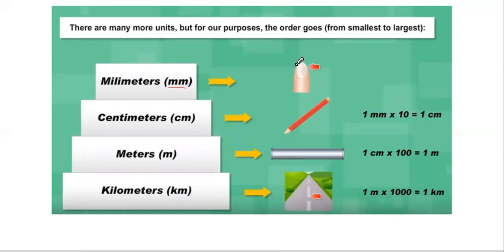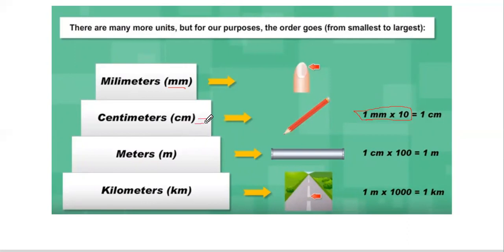How thick is your nail? This is the millimeter. A centimeter is equal to 1 millimeter times 10, because 1 centimeter is 10 millimeters.